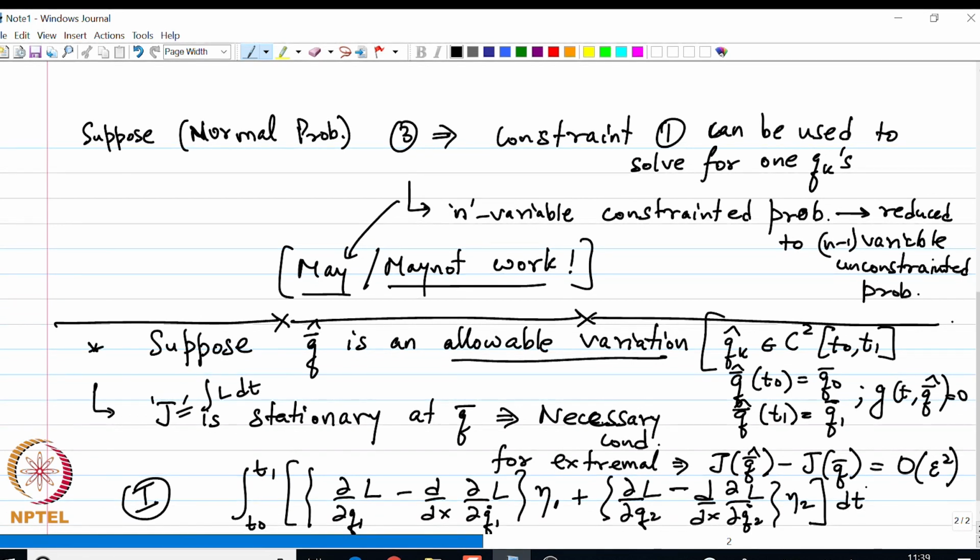Okay. So, this is equal to 0. So, having said that q bar is an extremal, this is equivalent to saying that this integral constraint is satisfied.